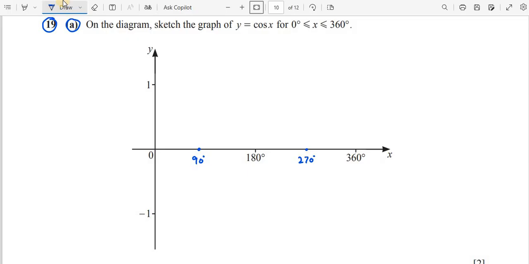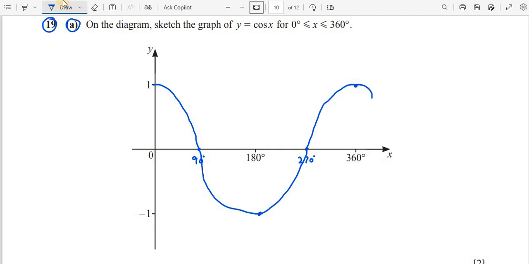Okay, and now the graph starts from 1 and touches the line at point 90, goes down, and now it turns up at 180, touches the point 270, goes up again to the level of 1 and goes down at 360, like that.